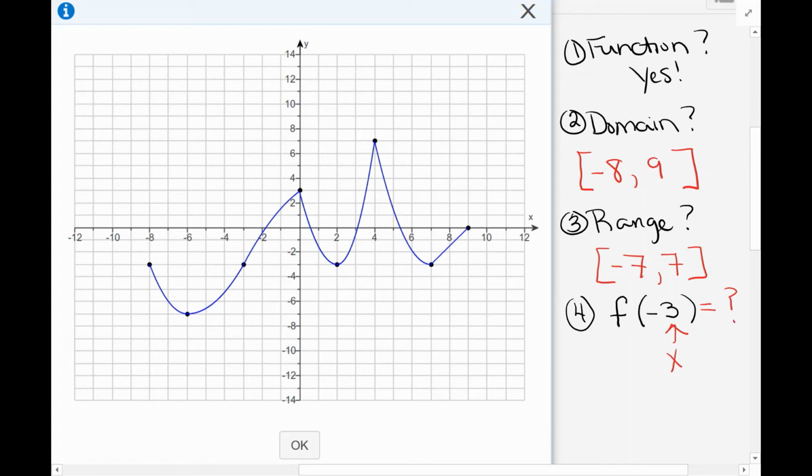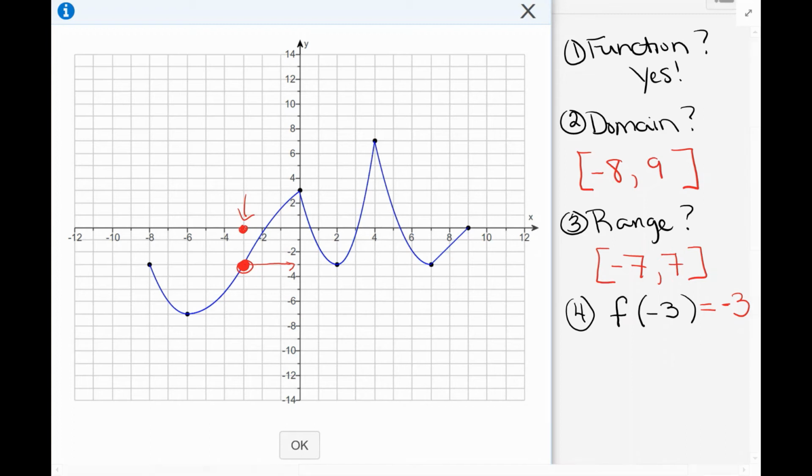So what I do is I go to my graph and I find -3. -3 is right here. And then the point that's associated with -3 is this point right here. So what is the y value at that point? It is also -3. So the answer to this problem is -3.